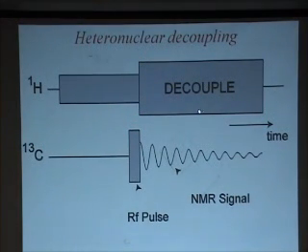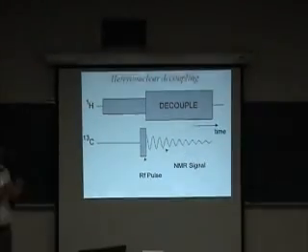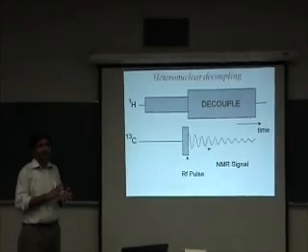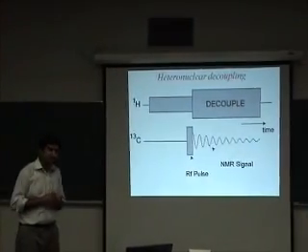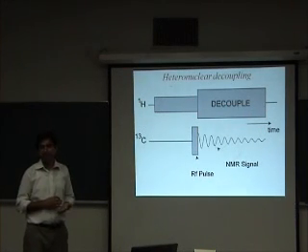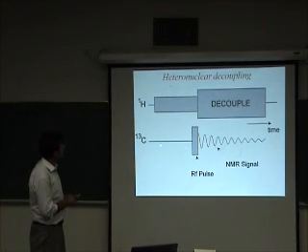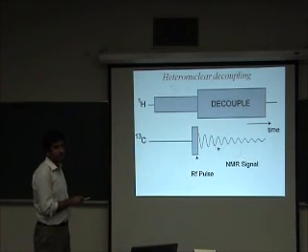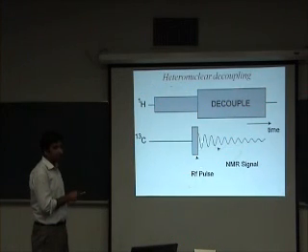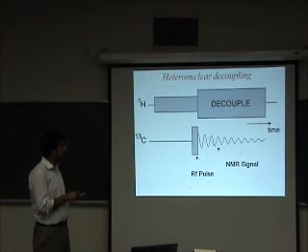Now, if you take an NMR spectrum, what coupling does is that it splits the peaks, and you can resolve the finer structure of the peaks. But since there is a large number of peaks that appear in this spectrum, your spectrum gets complicated. So, for a simple first analysis, if you would like to take a carbon 13 spectrum, that is, you apply a 90-degree pulse only on the carbon 13s and turn on your acquisition, you will get a carbon 13 spectrum that is coupled with the protons.